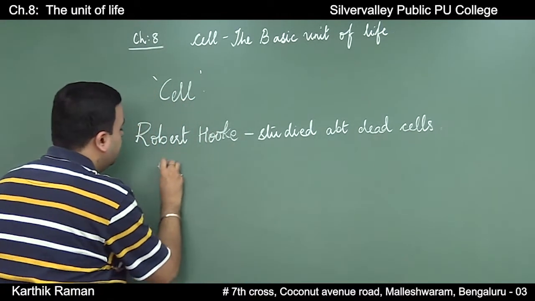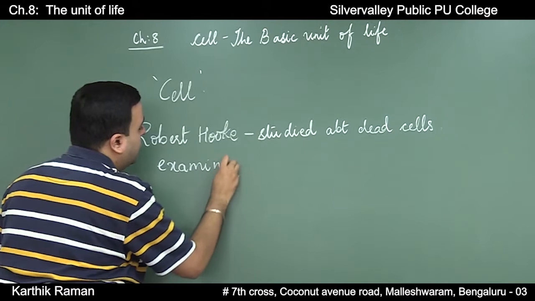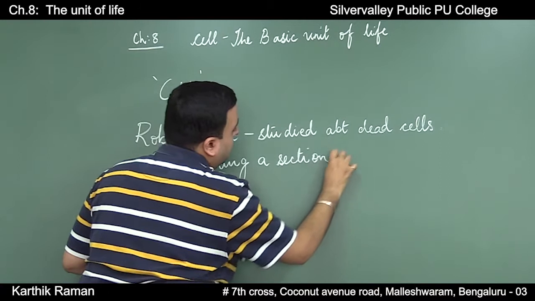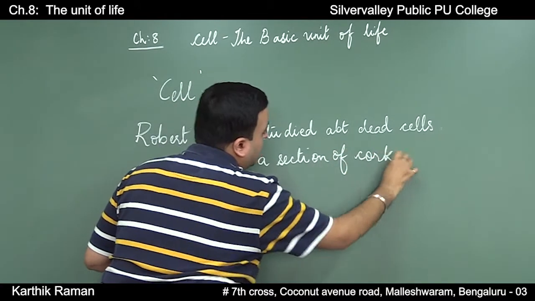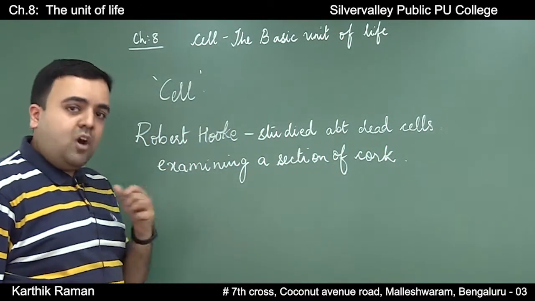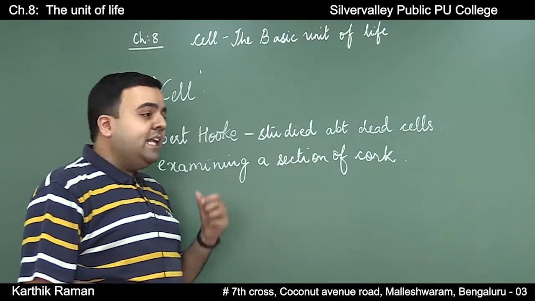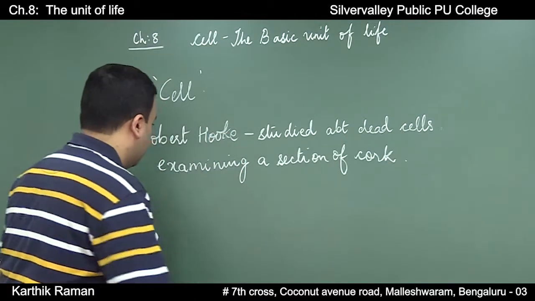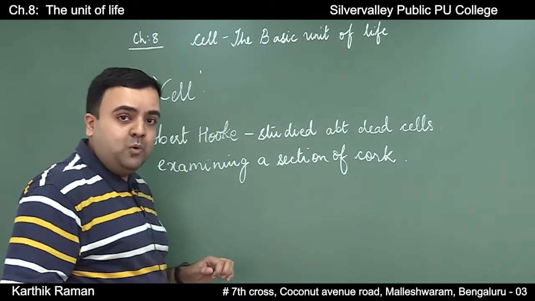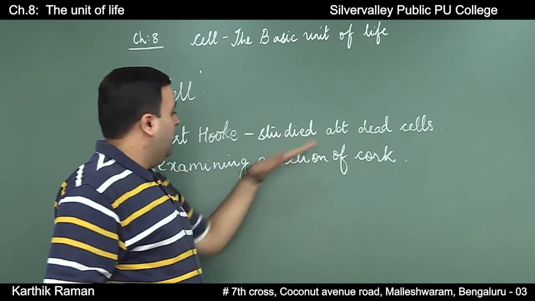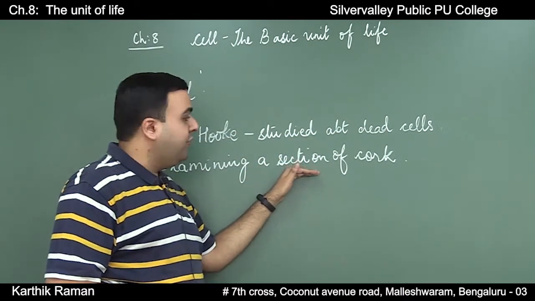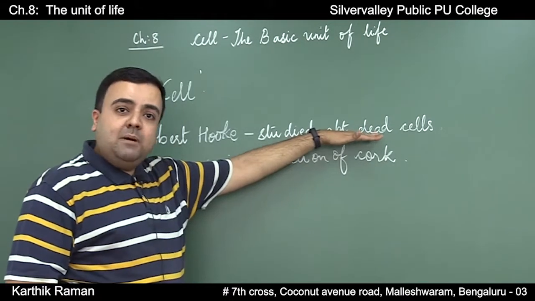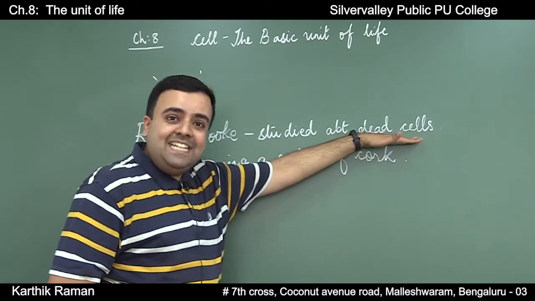He was examining a section of cork under the microscope, and he found compactly arranged compartment-like structures that were resembling the honeycomb. So Robert Hooke was observing or examining a section of cork under the microscope, and he was the first person to study about the cells. He studied about dead cells.